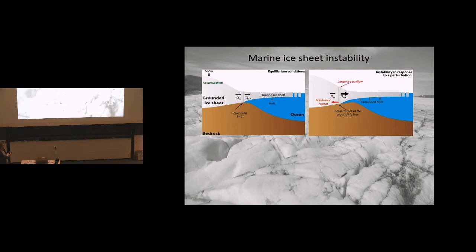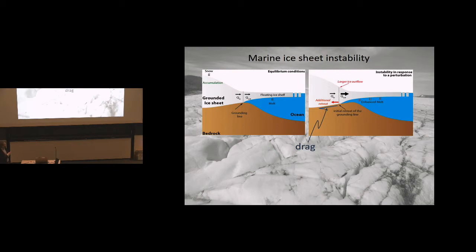And if this slope of the bed is in the opposite direction of the glacier surface slope, which doesn't show up terribly well up there, what will happen, of course, is the ice will thin as a result of this grounding line retreat. And the rate of ice flow across the grounding line ends up being very sensitive to that thickness. But the degree of sensitivity ultimately depends on the sliding law that's chosen at the bottom.